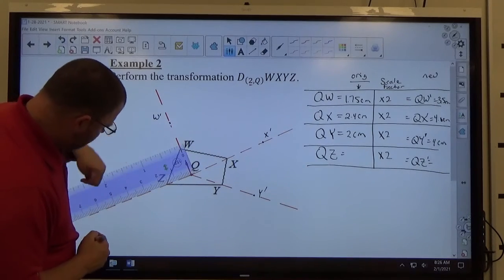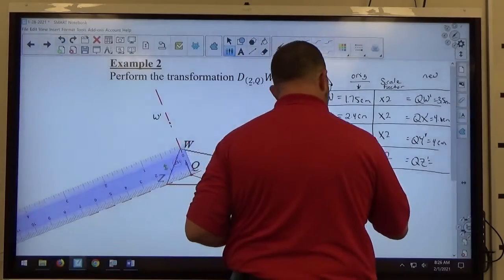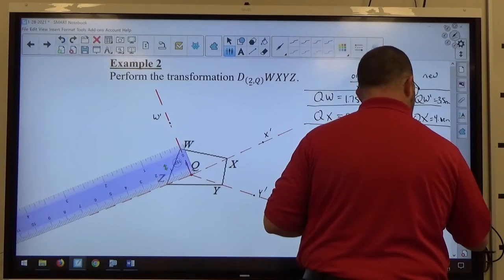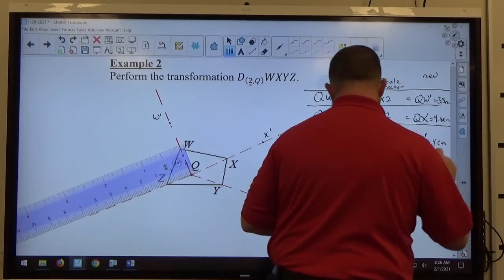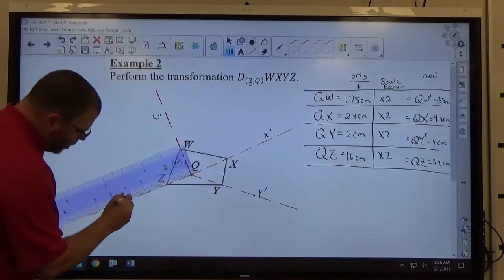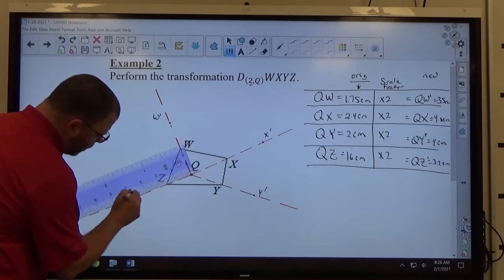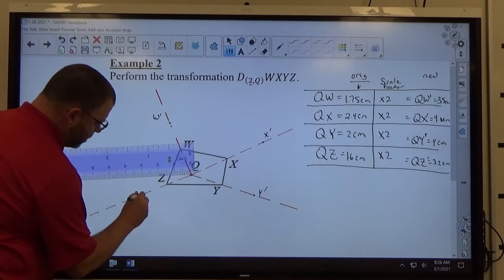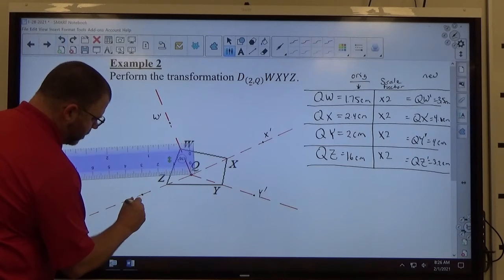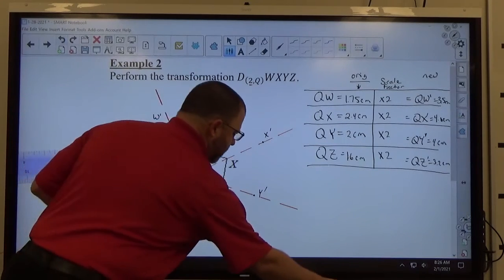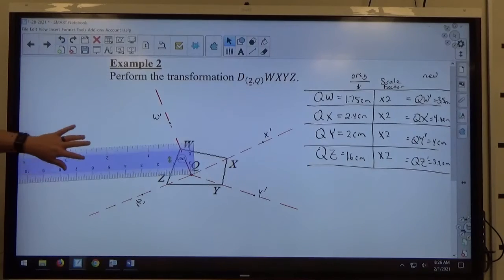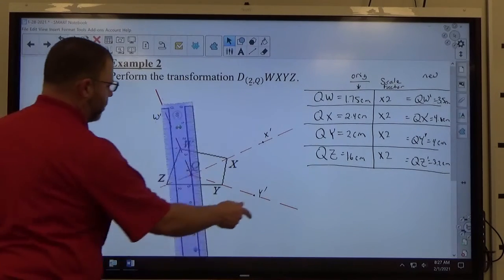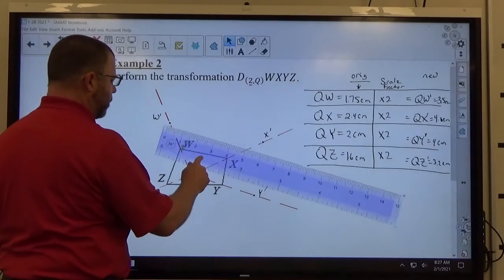Looks to be about 1.6 centimeters. So I double that, I'm going to get 3.2 centimeters. So QZ prime, 3.2 centimeters right about there. So now, I just pick my ruler up and I connect the dots W to X to Y to Z, all prime.